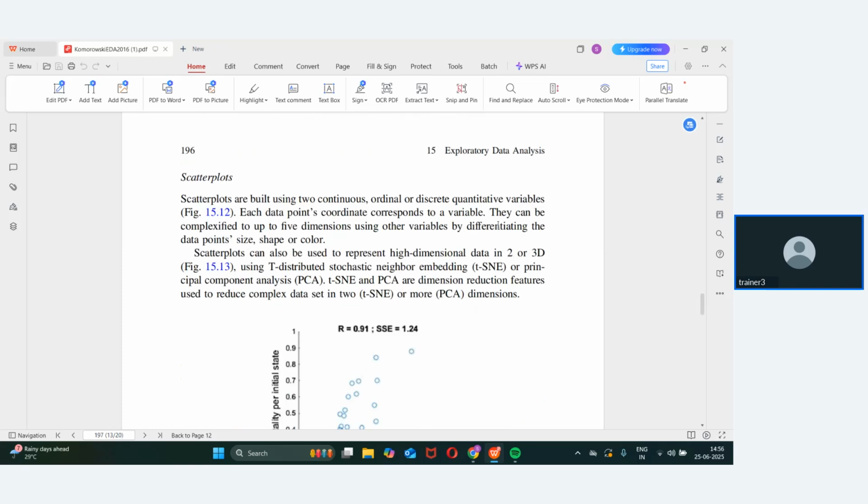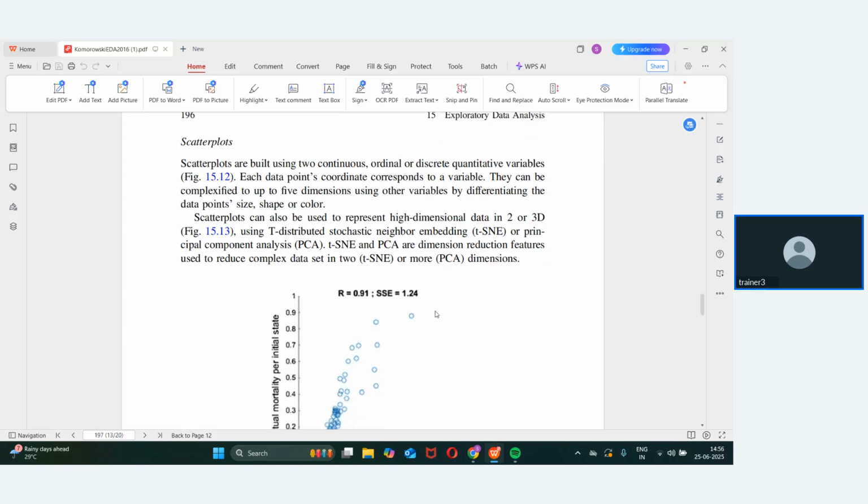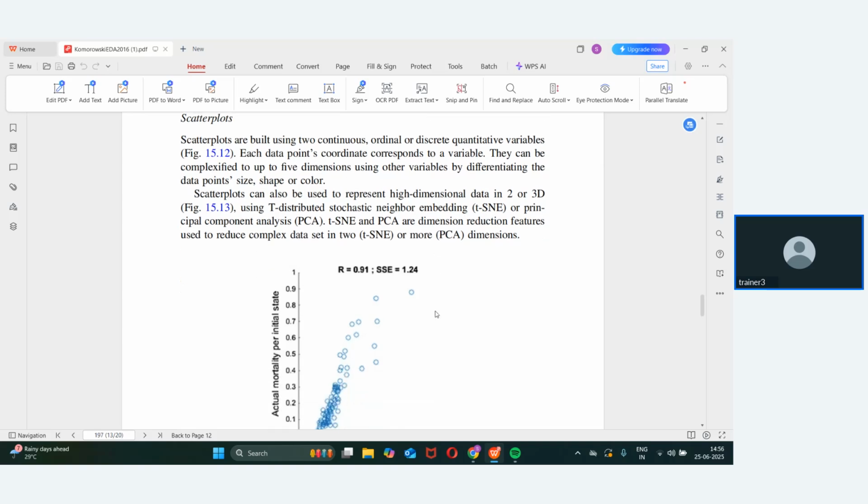Next we have scatter plots. What are scatter plots? Scatter plots are built using continuous, ordinal, or discrete quantitative variables. Each data point's coordinate corresponds to a variable.